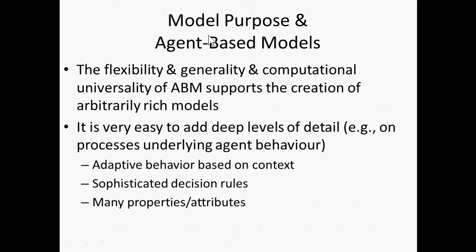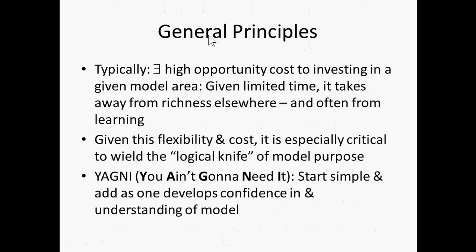And I mentioned earlier, it's the flexibility of ABM that you have to watch out for here. The issue is that in ABM, there's often a high opportunity cost to investing in a given model area. You put your effort into one area, it takes your efforts away from another area. Given that it's so flexible, and yet there's this cost, it's really important to wield this logical knife of model purpose.